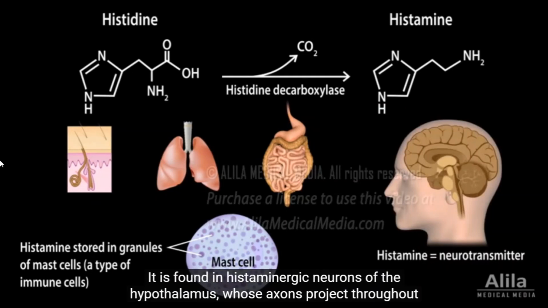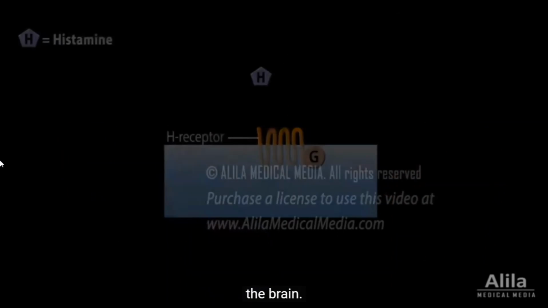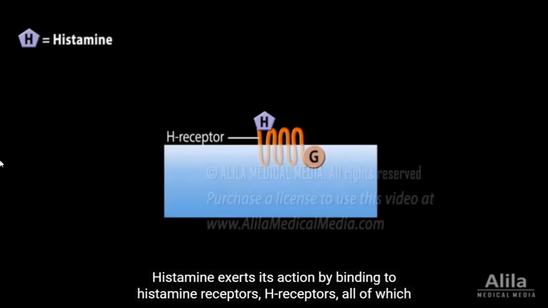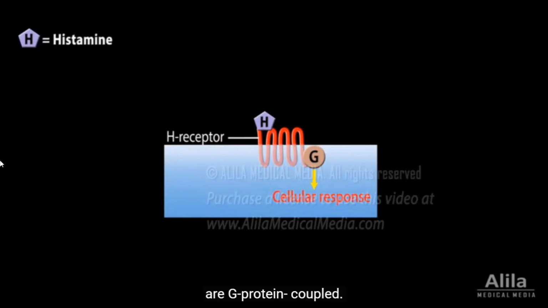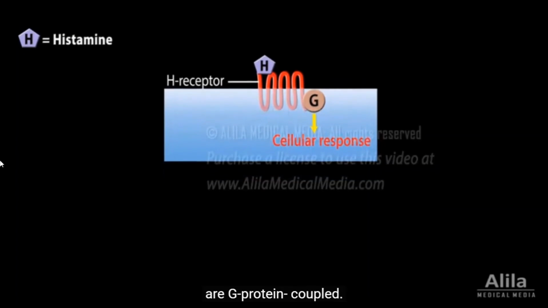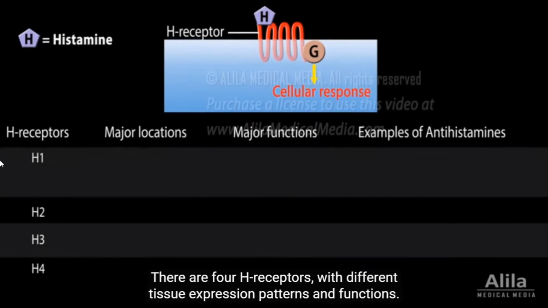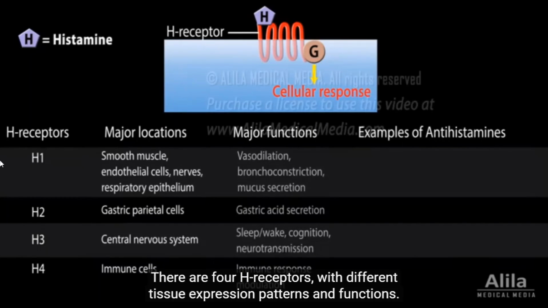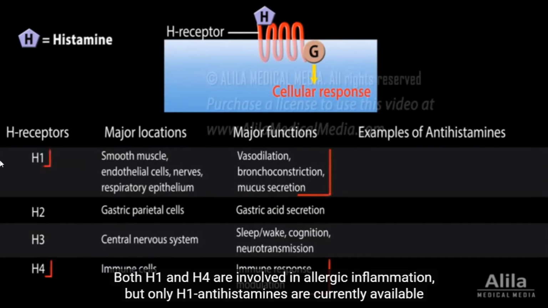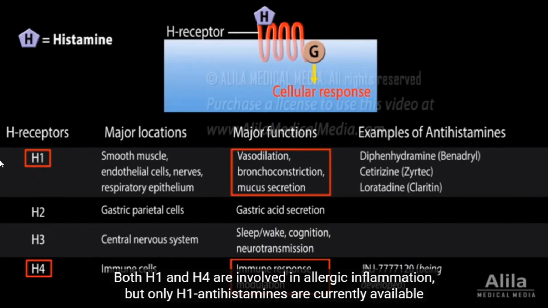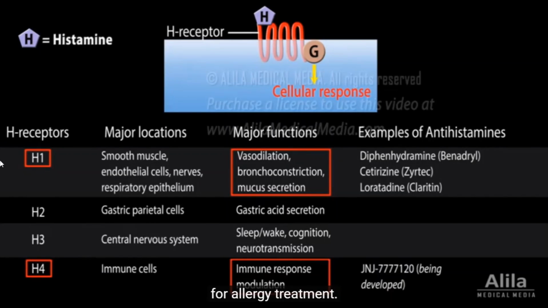It is found in histaminergic neurons of the hypothalamus, whose axons project throughout the brain. Histamine exerts its action by binding to histamine receptors, H receptors, all of which are G protein coupled. There are 4 H receptors with different tissue expression patterns and functions. Both H1 and H4 are involved in allergic inflammation, but only H1 antihistamines are currently available for allergy treatment.